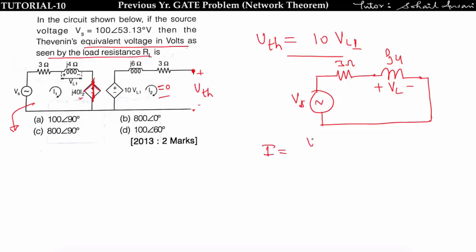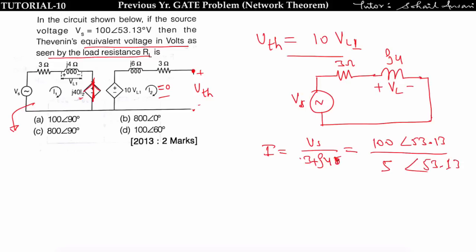Current is given by Vs upon the magnitude of 3 plus j4, which is 100 angle 53.13 by 5 at an angle of 53.13. Hence you will get I equal to 20 angle 0.